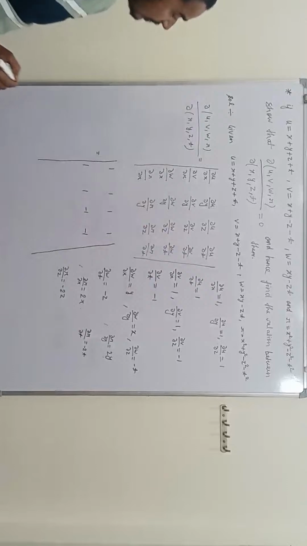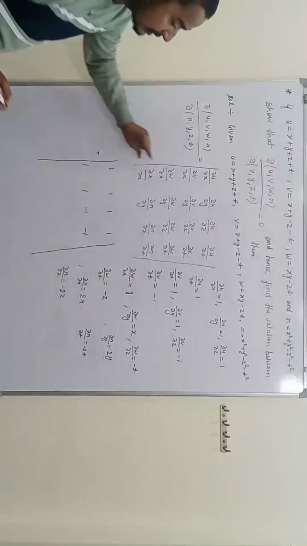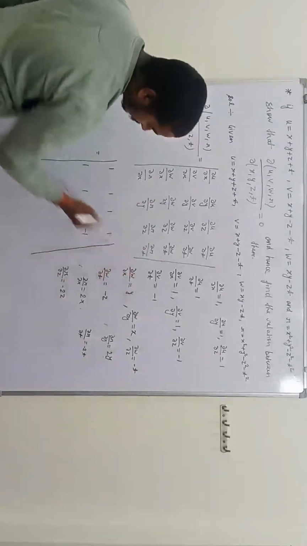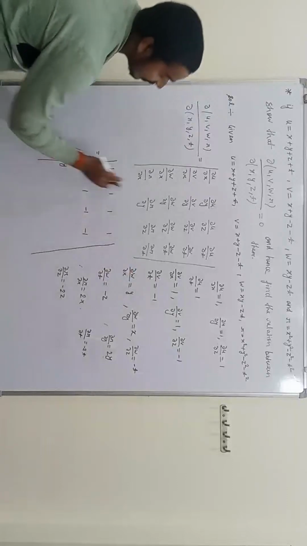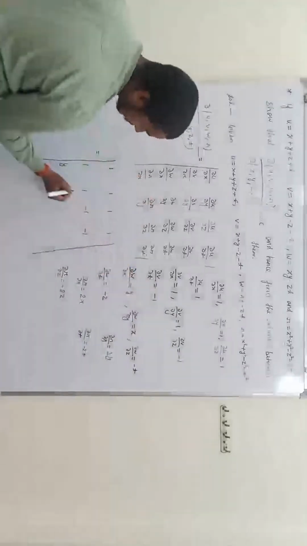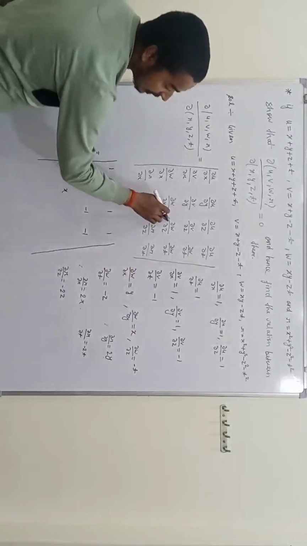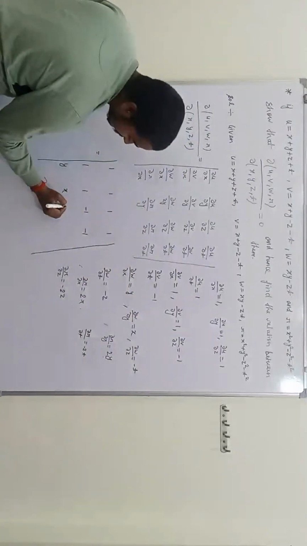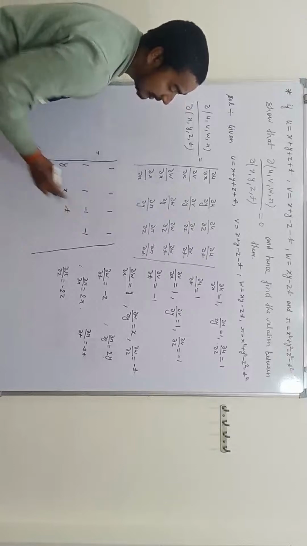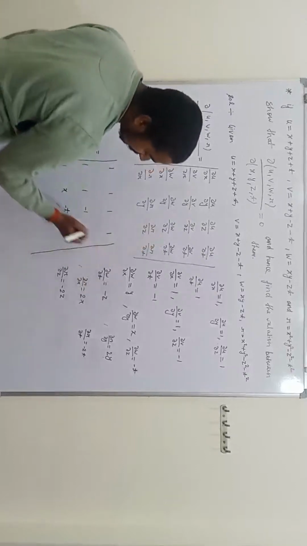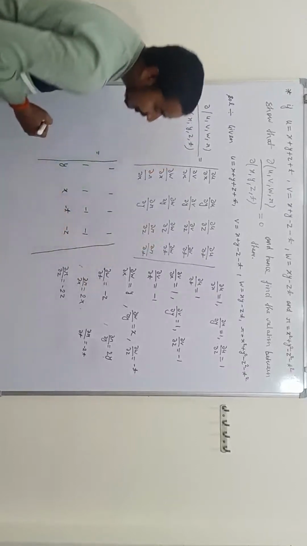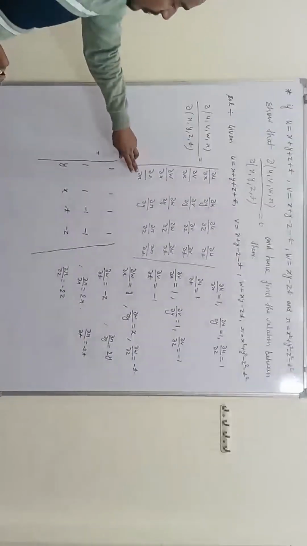Further we have to put the value of del w upon del x. Del w upon del x is y, and del w upon del y is x, del w upon del z is minus t, and del w upon del t is given by minus z. Further we have to write del r upon del x.